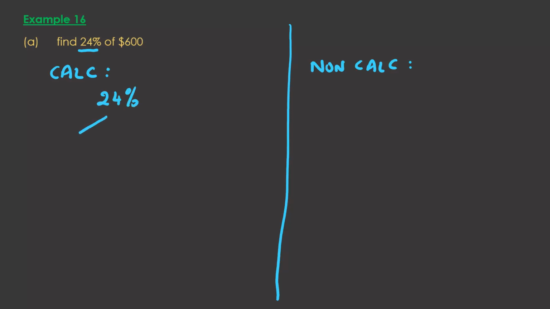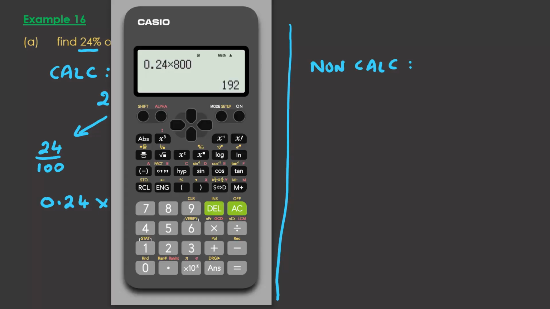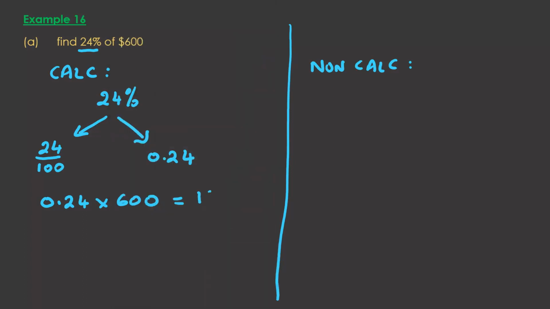24% is, as a fraction, 24 over 100, and as a decimal, 0.24. So all we need to do is 0.24 times 600, or 24 over 100 times 600, whichever way you want to do it, and 0.24 times 600 is 144.